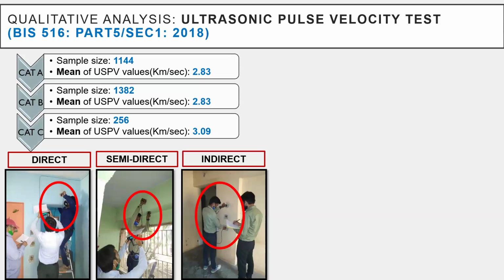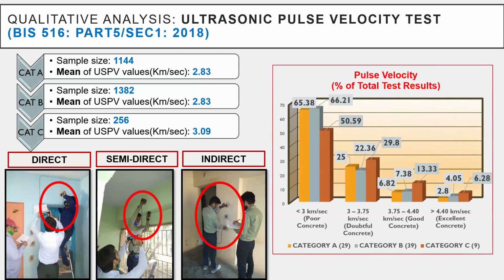For category B, the sample size was 1382, and for category C, it was 256. The mean value was found to be around 3 kilometers per second for all category A, B, and C buildings. Now let us see the pulse velocity results in histogram form.